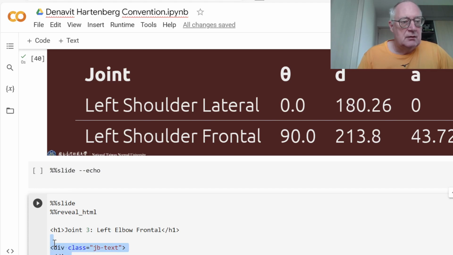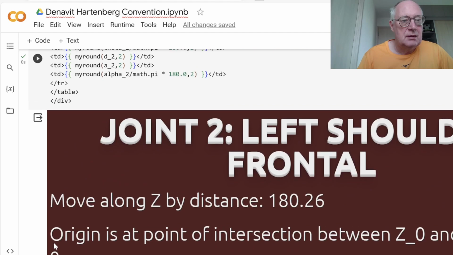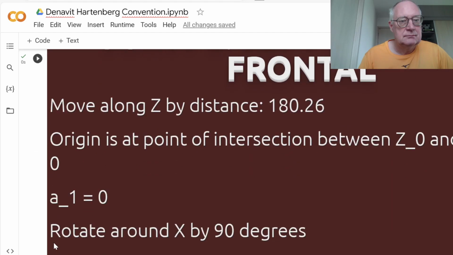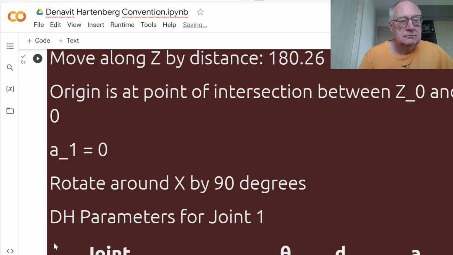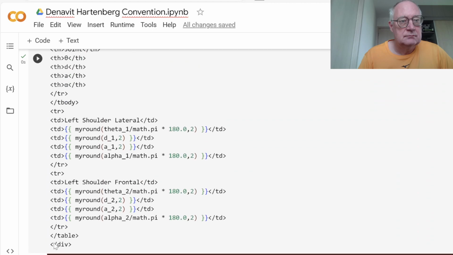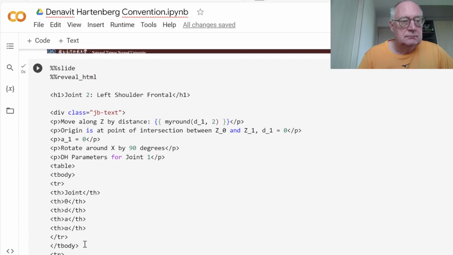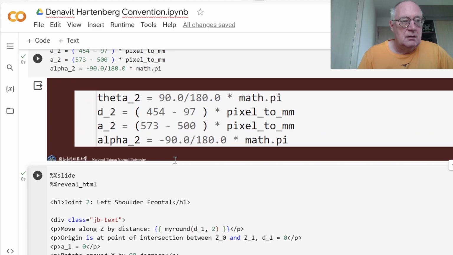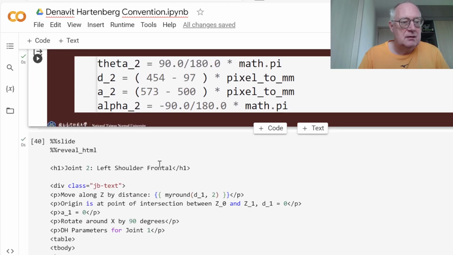Oh wait, I don't take this, I copy this one. So for joint 2, we move along Z at the intersection, and then we rotate.